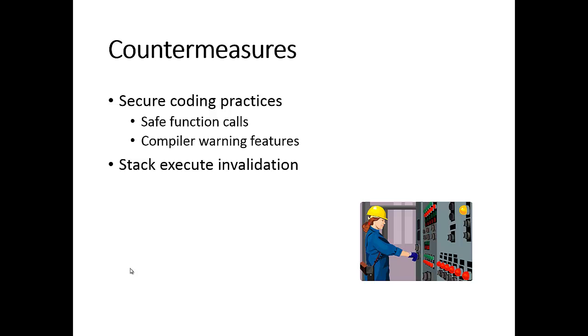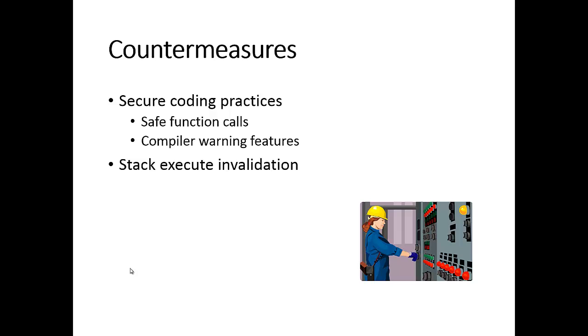And also, if you enable compiler warning messages related to the use of dangerous functions or the possibility of buffer overflow found in your code, that can also help you reduce the number of buffer overflow vulnerabilities in your own source code.